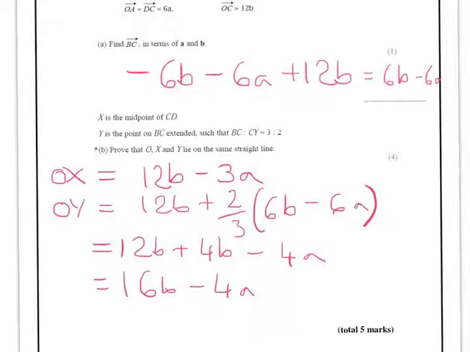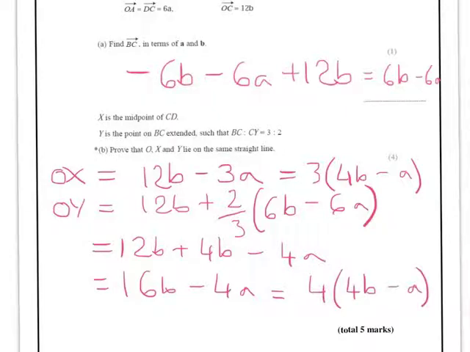So we're going to factorise 12b minus 3a, and that's going to equal 3 open bracket 4b minus a. And we're going to do the same down here, but we're going to have 4 open bracket 4b minus a, and you can see they both have common factors with a scalar outside.